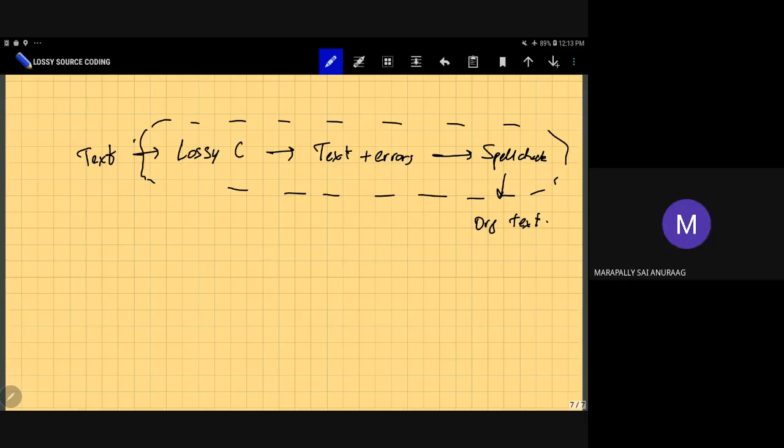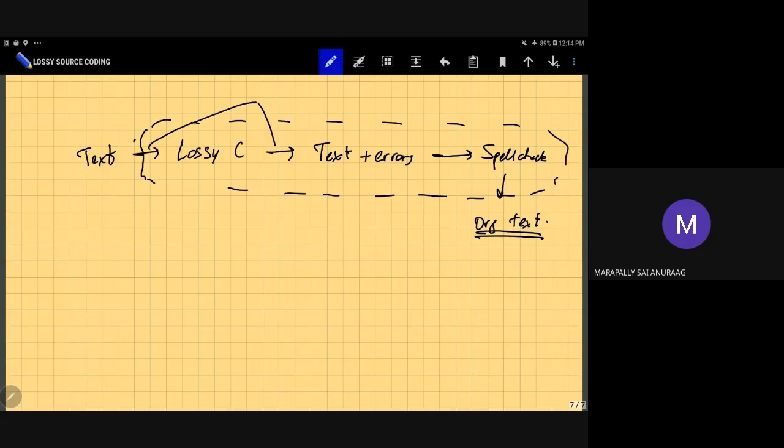Yes. And if that is your goal, then the minimum rate of compression you can achieve will still be the entropy. You can't go below entropy if your goal is to ultimately use a spell checker and get back the original text, because end to end this still needs to be a lossless compression scheme.